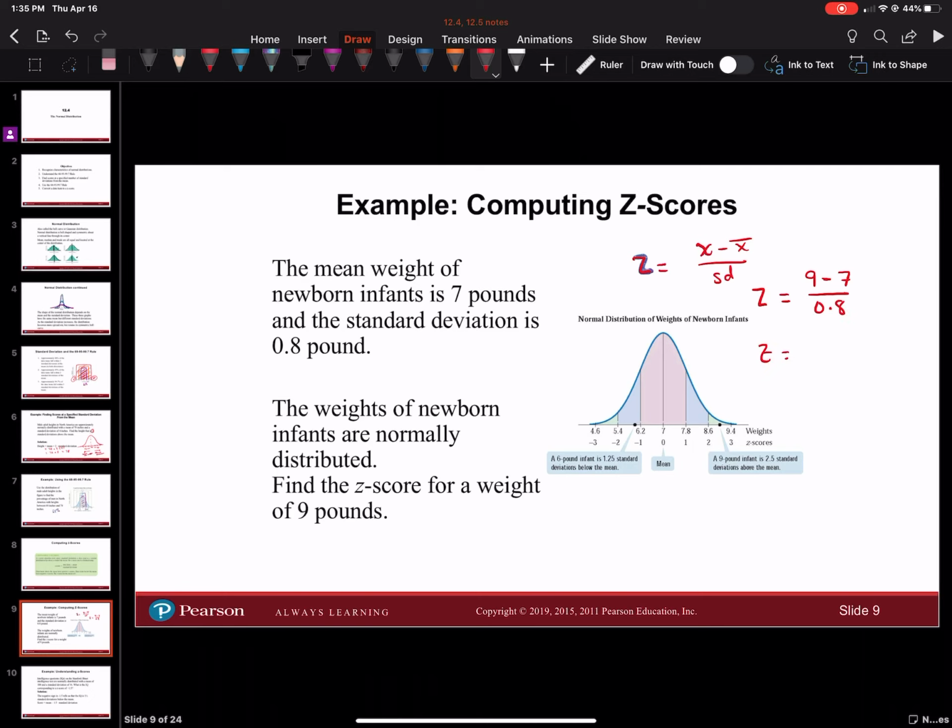So z is equal to, now we put this in a calculator, we'll get 2.5. Because you'll get 2 over 0.8. And then it gives us a z-score of 2.5.